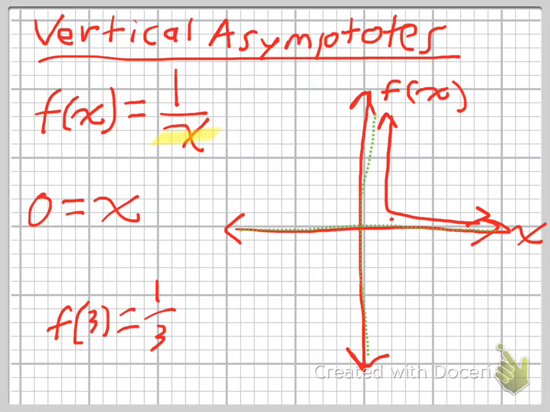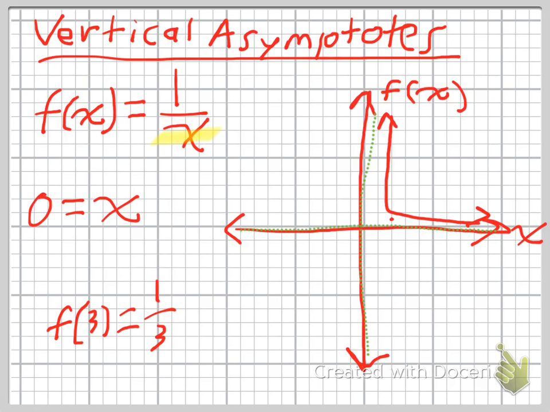Then, if we look on the other side of the asymptote, we think, alright, it has to follow its end behavior. So we need to know if it's going to be in this section of the second quadrant right here, or if it's going to be down in this quadrant.